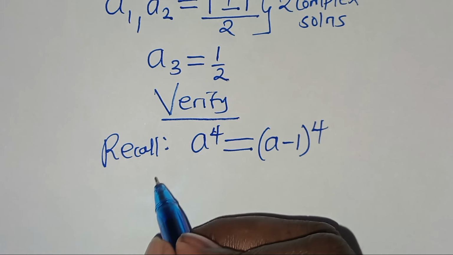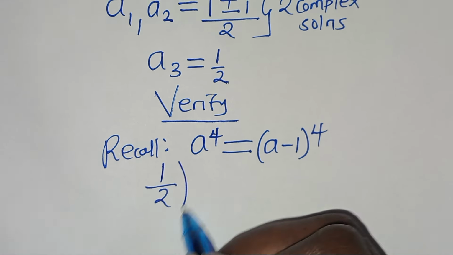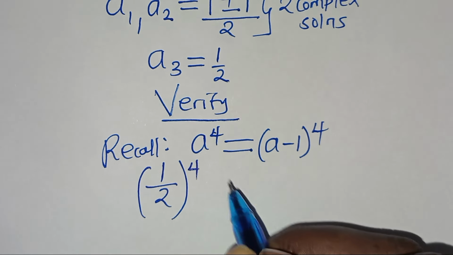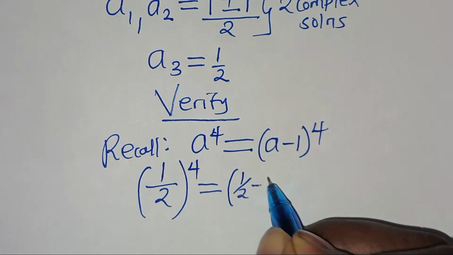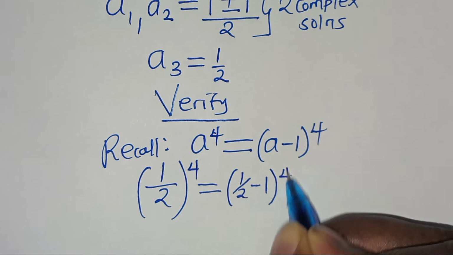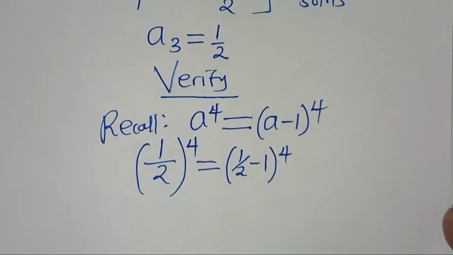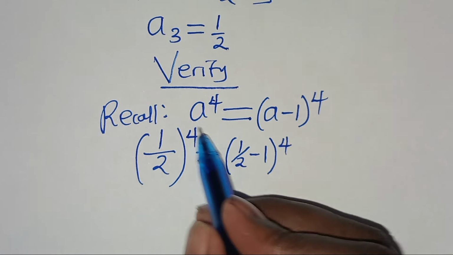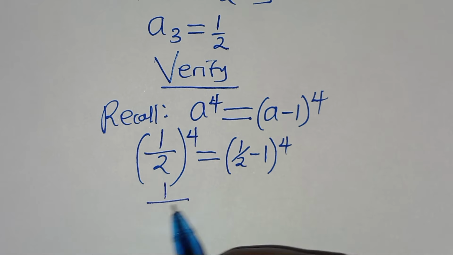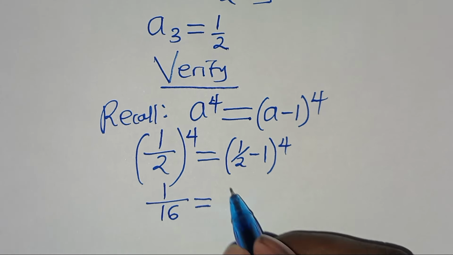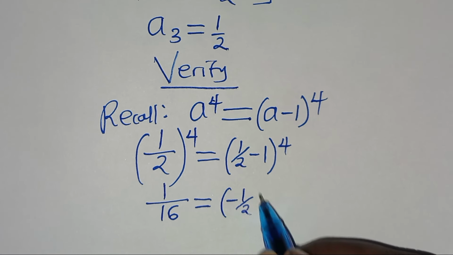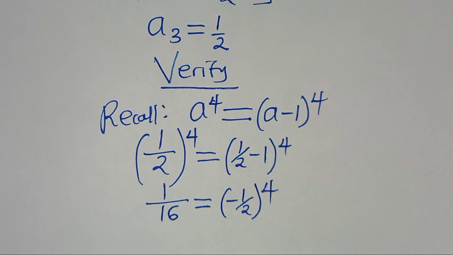Substituting a here, we have a half raised to the power of 4, equal to (a half minus 1) raised to the power of 4. 1 over 2 to the power of 4 is 1 over 16. This is equal to (a half minus 1), which is minus a half, raised to the power of 4.